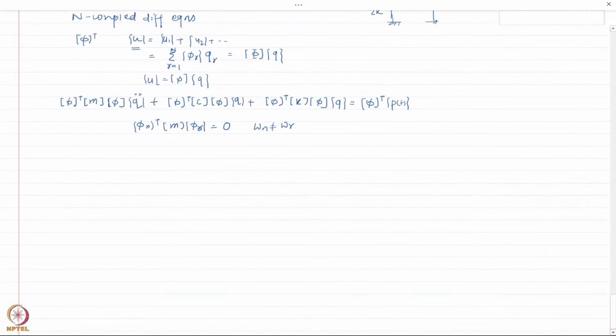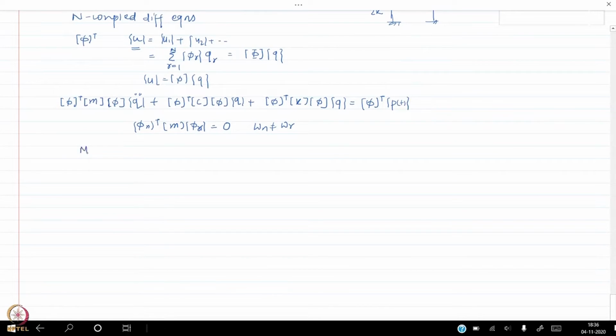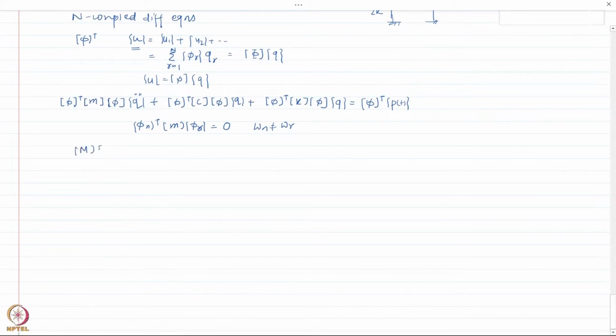So what I get here are diagonal matrices: mass times acceleration vector, damping times velocity vector, and stiffness times this vector, and this is equal to the vector p of t.